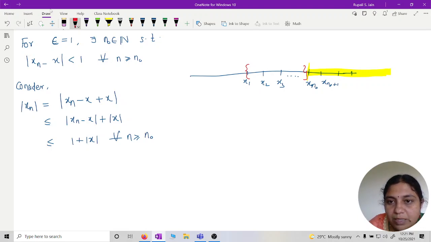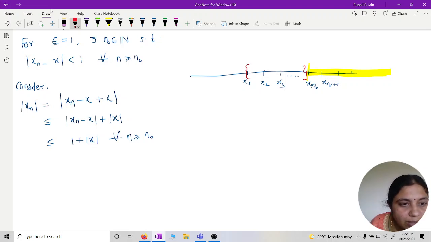These are finite numbers: x1, x2, x3 up to xn0 minus 1. A finite number of real numbers. So for all n greater than or equal to n0, I am having this.